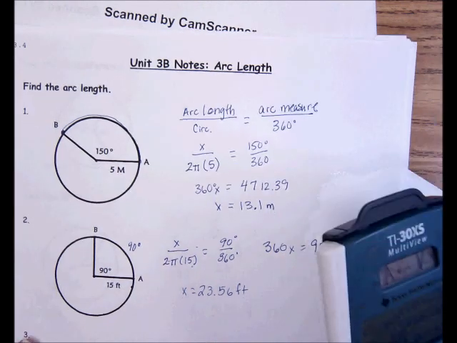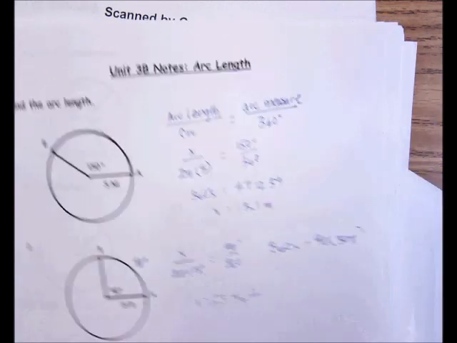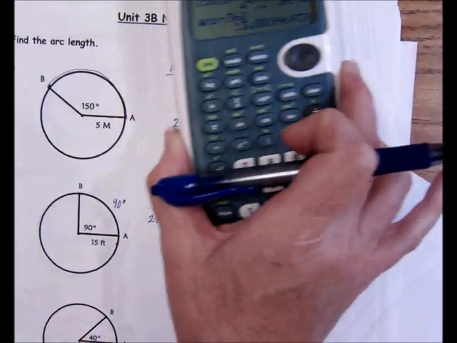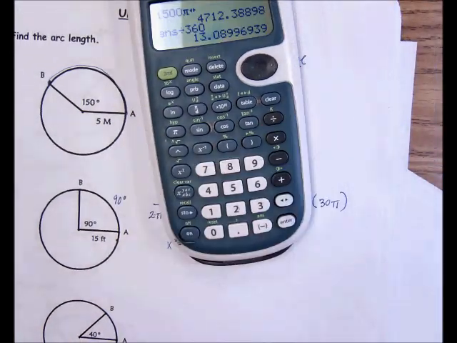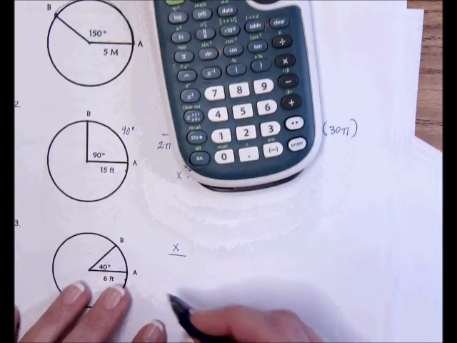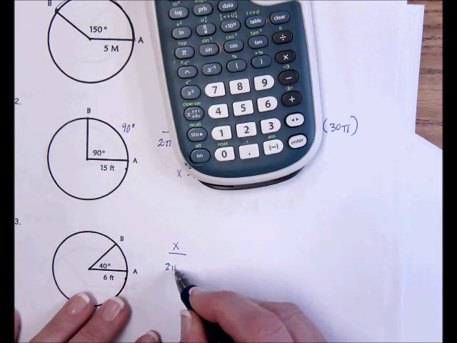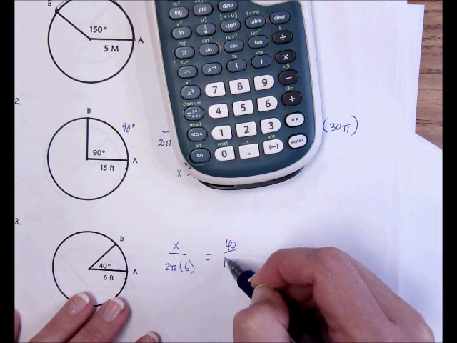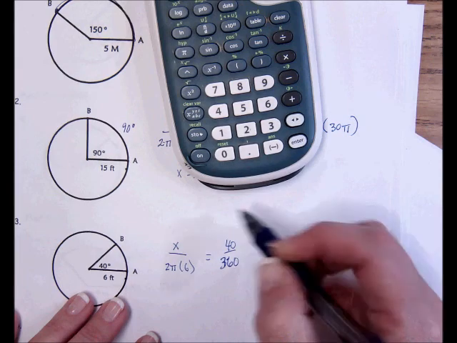And I continue to solve it the exact same way. The only situation that might be different is that I might be given the circumference, or I might be given the diameter. So in this situation, I have arc length over 2 times pi times 6 is equal to 40 over 360.